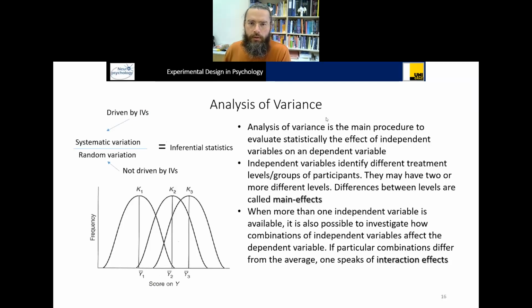And the tool you use to evaluate the outcomes of these experiments statistically is called analysis of variance. It is the very basic tool you may use to make some statistical inference regarding your data.